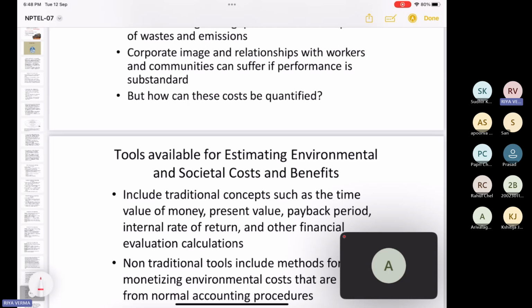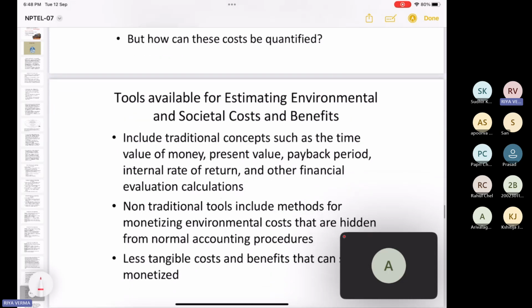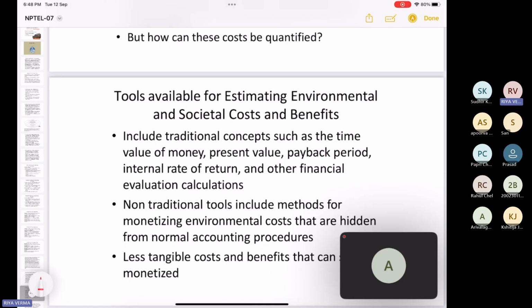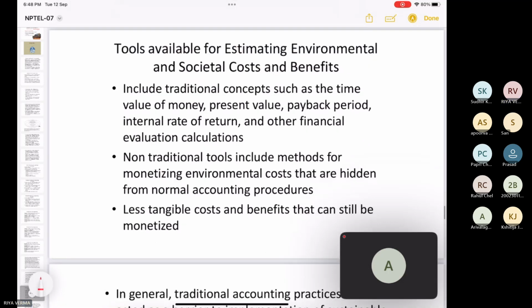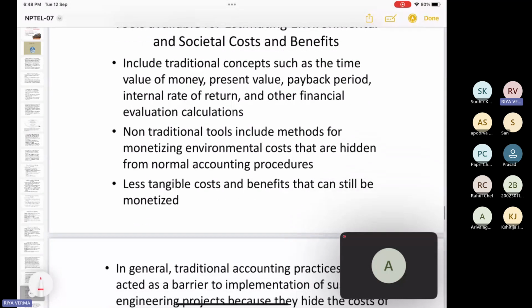They include traditional concepts such as the time value of money, the present value, the payback period, the internal rate of return, and other financial evaluation calculations. Then there are some non-traditional tools that include the methods for monetizing the environmental costs that are hidden from normal accounting procedures. In this way, the less tangible costs and the benefits can still be monetized by using these tools.